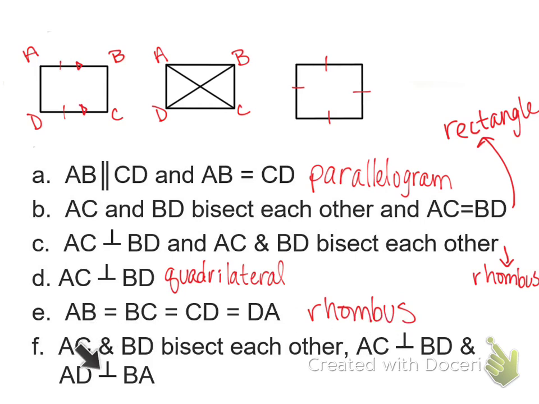But then we also know that we've got a right angle occurring between AD and BA, which would be up in the corner here, which makes it also a rectangle. So if it is both a rhombus and a rectangle, we know that it is a square. We all following the logic there? Questions, concerns, need more time on this slide? Okay.